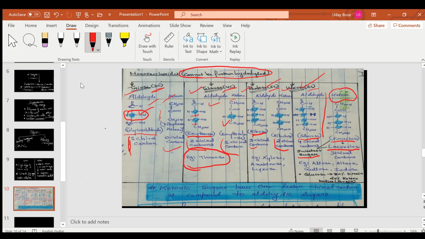Some other examples of hexose are allose, altrose, glucose, idose, and galactose. Glucose is present 80% in the brain, and 20% in ketone bodies, which is again present in the brain. So glucose is very abundant in our brain cells.